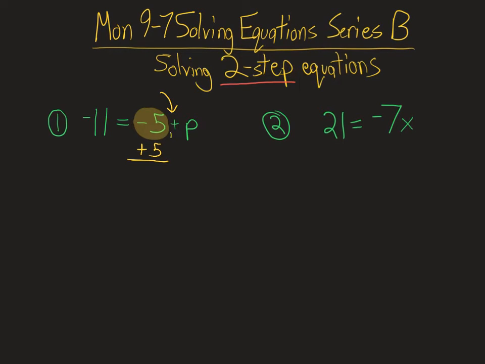But remember, that sign goes with what's behind that operation symbol. So the 5 is actually a negative 5. So we want to add 5 to cancel it. That's what's going to get rid of it. 5 bad guys, we bring 5 good guys, and that cancels away, leaving P by itself.